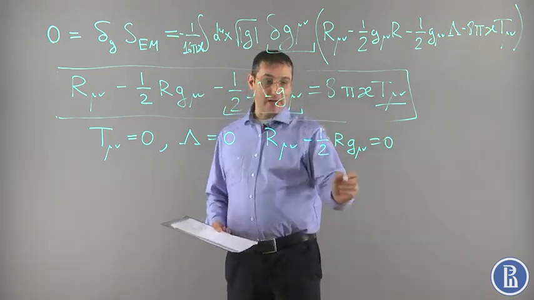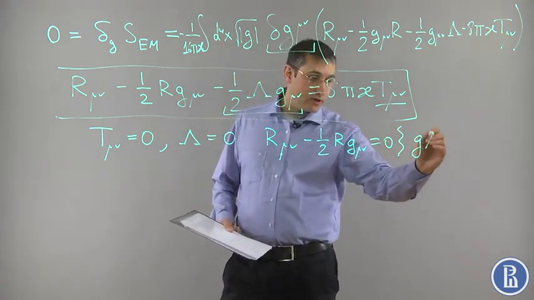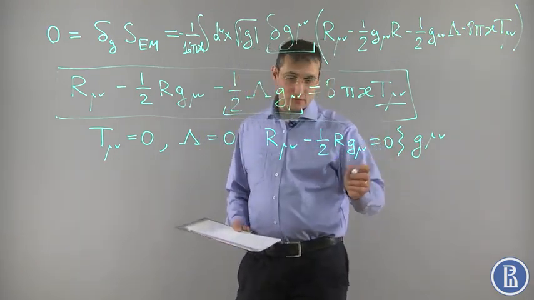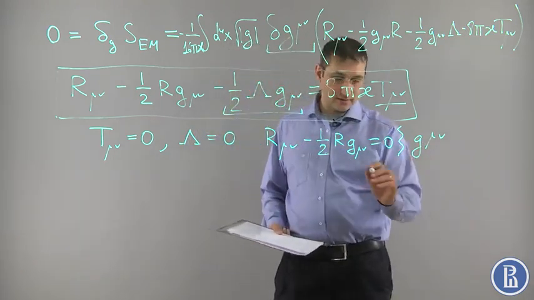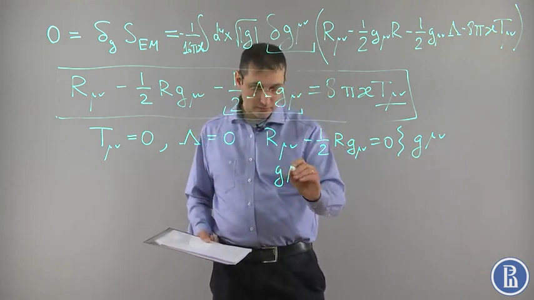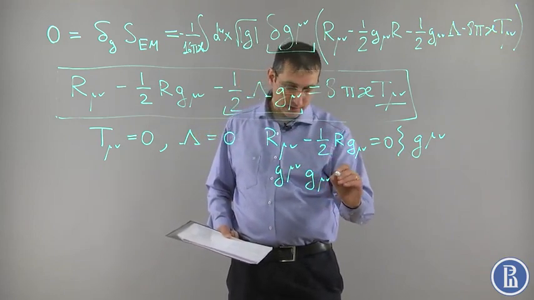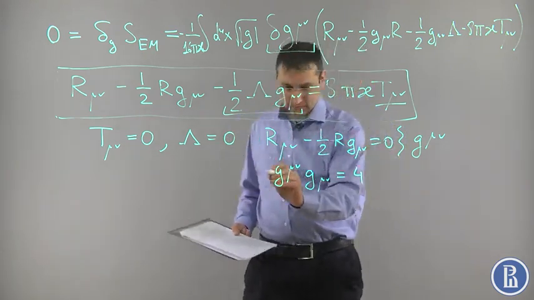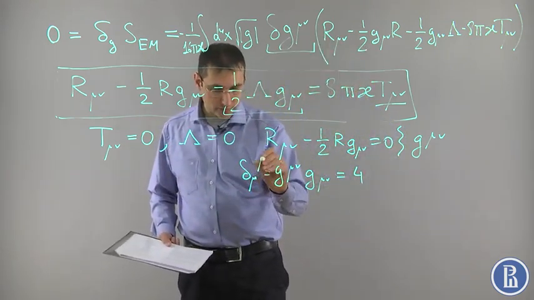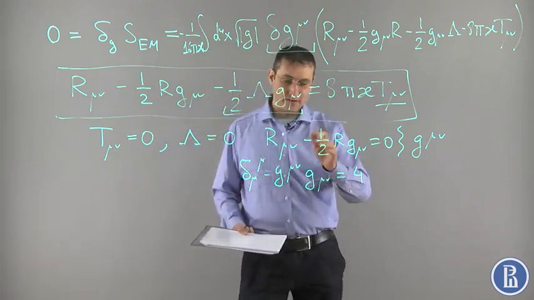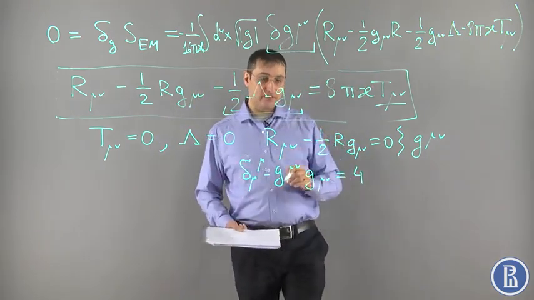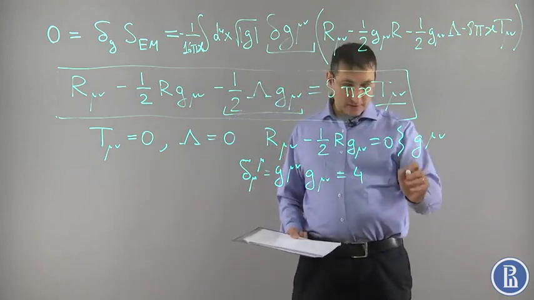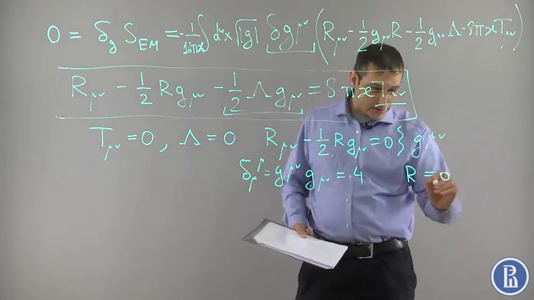If we multiply both sides of this equation by g mu nu, and use the fact that g mu nu times g mu nu is equal to 4, the number of dimensions, because it's just delta mu mu, the trace of the 4×4 unit matrix, then after multiplication we obtain that R equals 0.